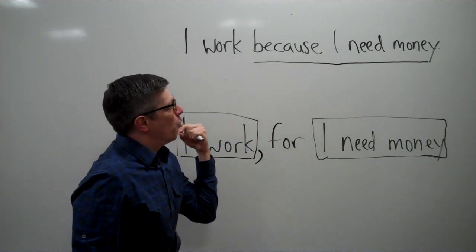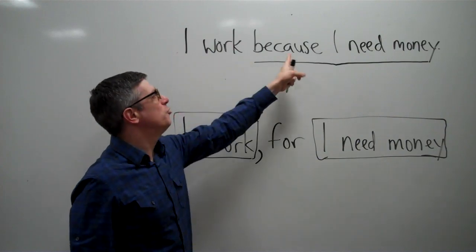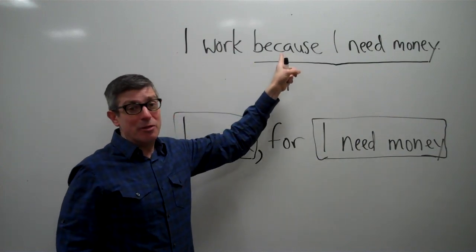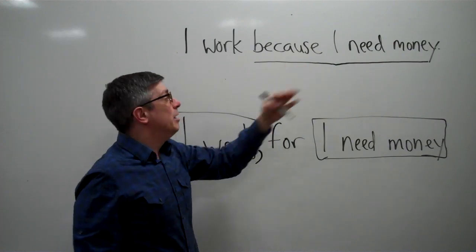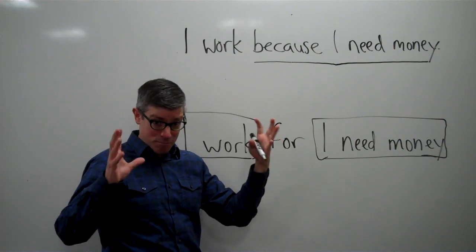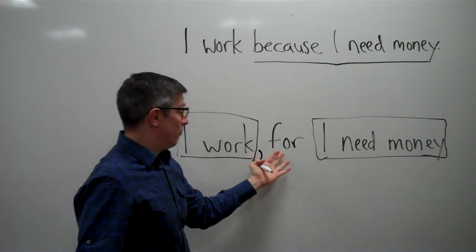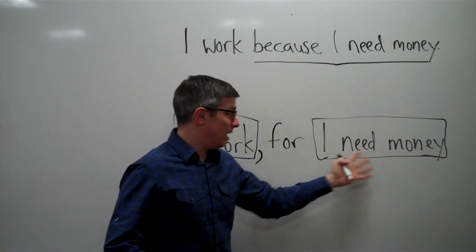And the way you can tell that is that you can do something with this thing. And what this thing is, is a subordinate clause. Because I need money. It is a unit that cannot be broken down, the way for is not really part of the unit that includes I need money.